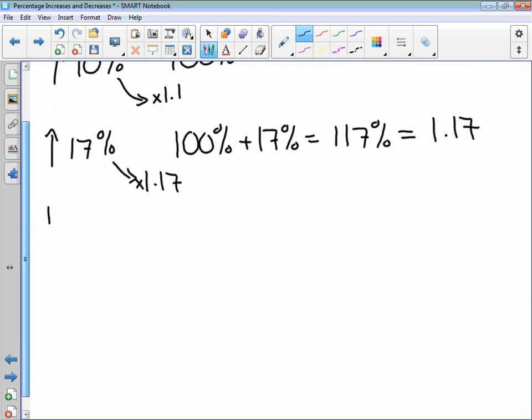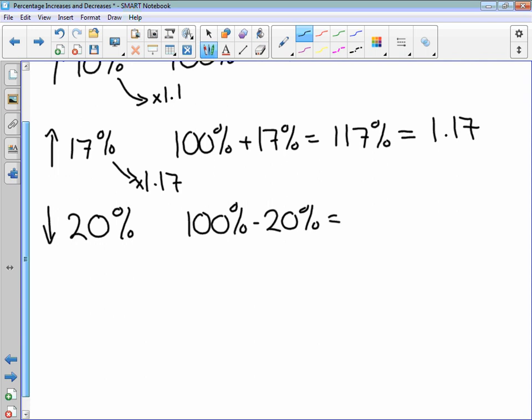I want to look at decreasing something by 20%. I've got my 100%, and I'm going to subtract the 20% from it. 100% take away 20% is 80%, and 80% as a decimal is 0.8. So to decrease by 20%, I'm going to multiply the original amount by 0.8.